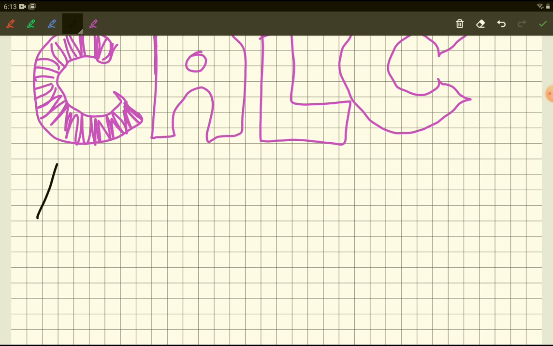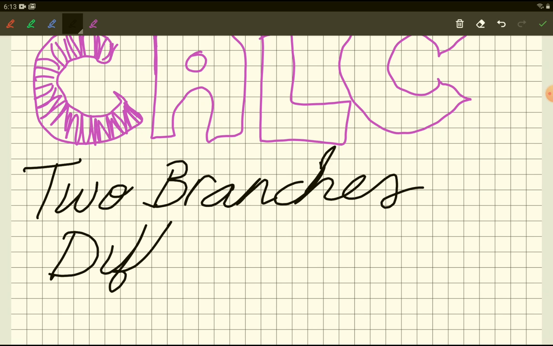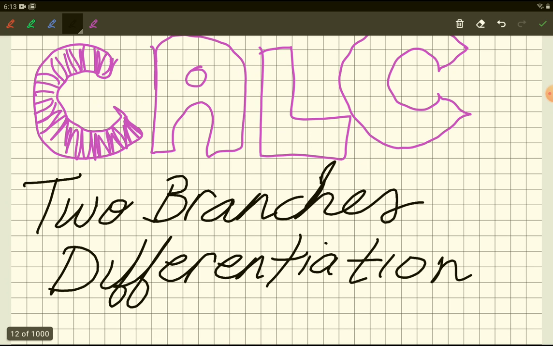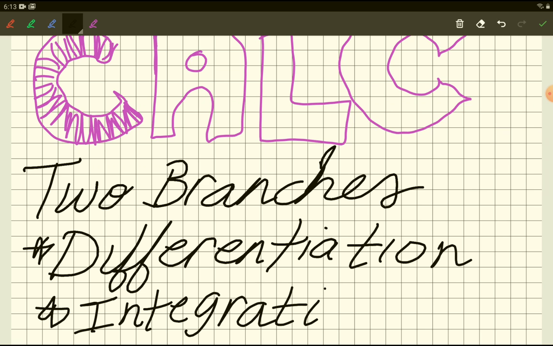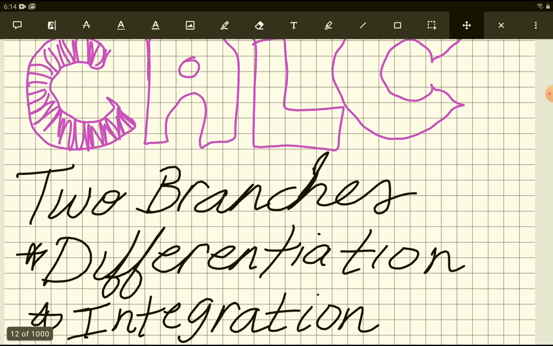There are two branches of calculus: differentiation and integration. These are the two branches. We're going to talk about differentiation first.